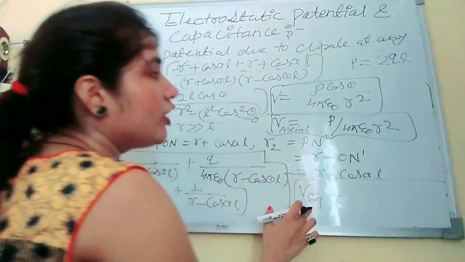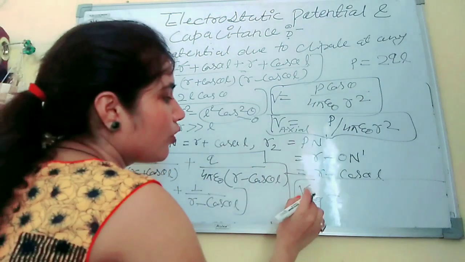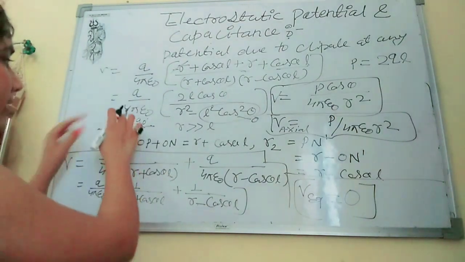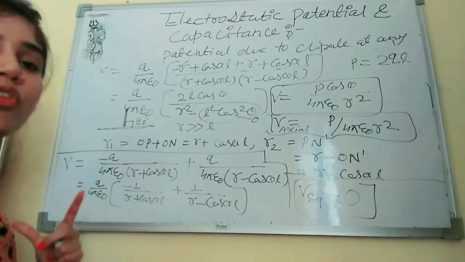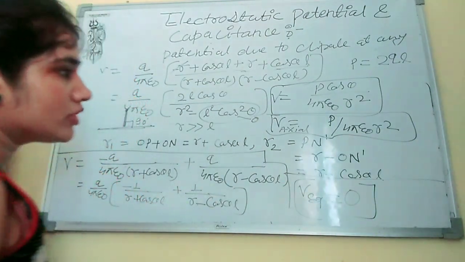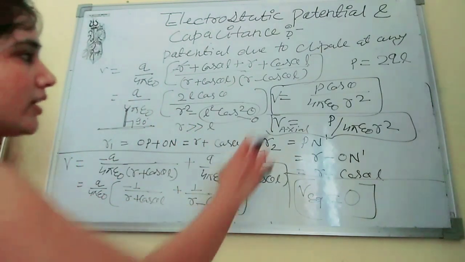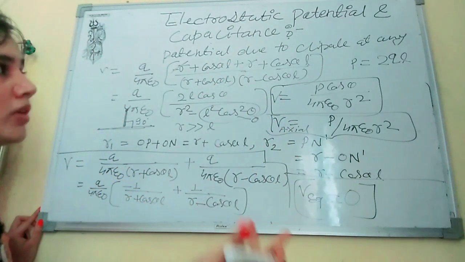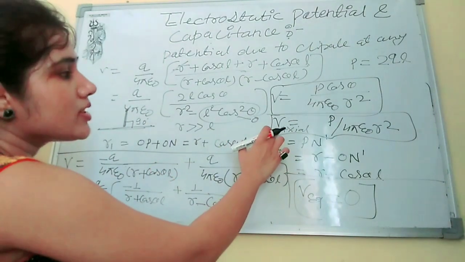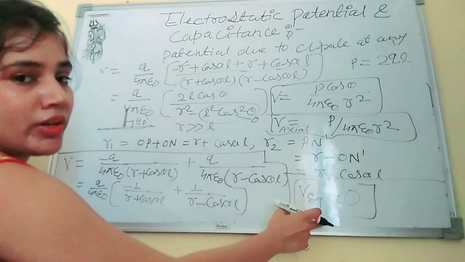So for V equatorial, if cos theta becomes 0, then the whole term will become 0. So for V equatorial, the potential will be 0, because it is perpendicular, and the angle will be 90 degrees. Okay, so these are the 3 potentials at different points. This is the potential due to a dipole at any point. Now this is the potential for the axial line, and this is the potential for the equatorial line, that will be 0.